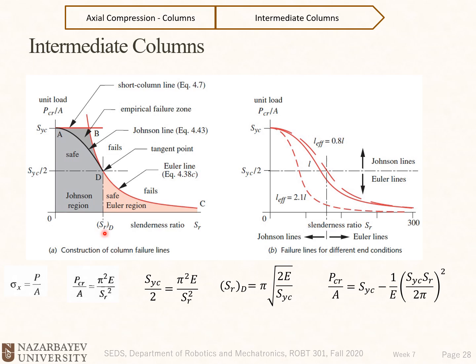So then Johnson tried to define a new safe region, which is a combination of both compressive yield strength and the Euler formula.